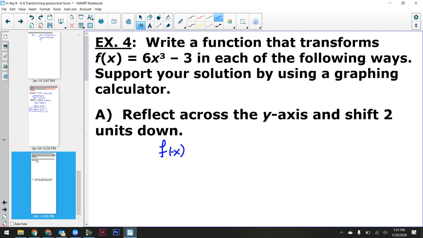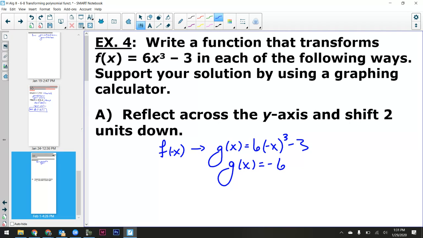So that gives me g of x, kind of halfway there, g of x is 6 times negative x to the 3rd minus 3. Does that negative stay or go? Stays. So g of x, now we'll pull it all the way out in front, negative 6x to the 3rd minus 3. Don't change the constant term. The constant term didn't have an x with it, so don't put a negative with it.